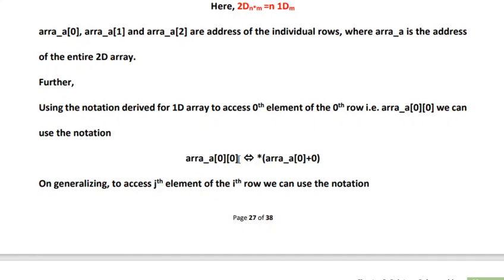In order to access the zeroth element of the zeroth row, I need to create a displacement of 0 from the base address, that is arr_a[0], because we know that arr_a[0] is the base address of the zeroth row. So if I create a displacement of 0 from the base address, I will be capable of referring to that particular array element. So arr_a[0][0] can be represented alternatively as *(arr_a[0] + 0).